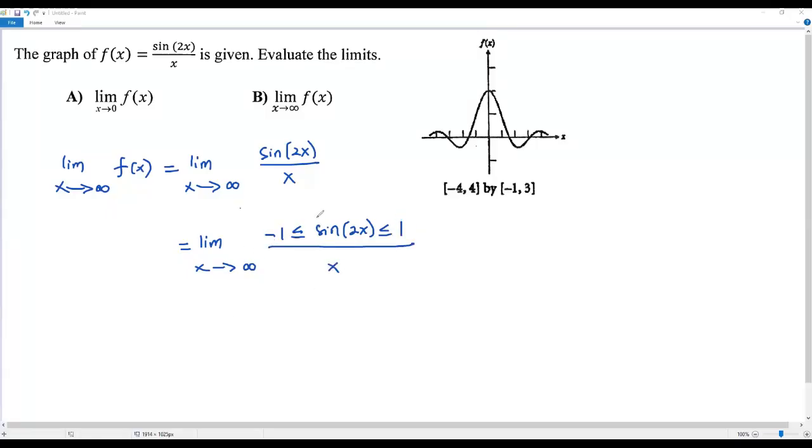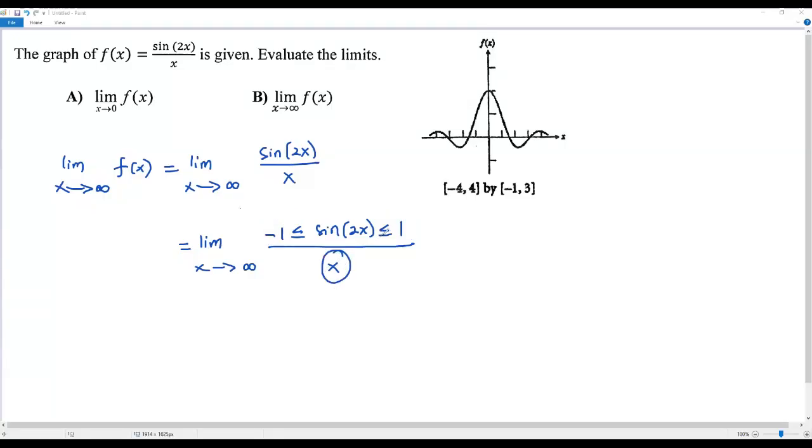Now it is clear that the value in the numerator is going to be from -1 to +1 when x approaches a very large value, positive infinity. Now what is the value of the denominator when x approaches positive infinity? We have x in the denominator, so when x approaches a very large positive value, the denominator also will be a very large positive value. So now I am going to divide the value from -1 to +1 by a very large infinite positive value.